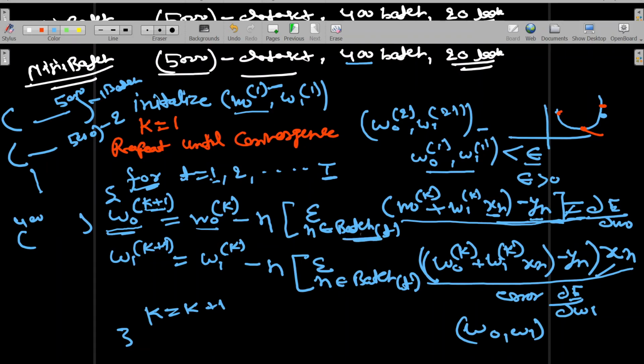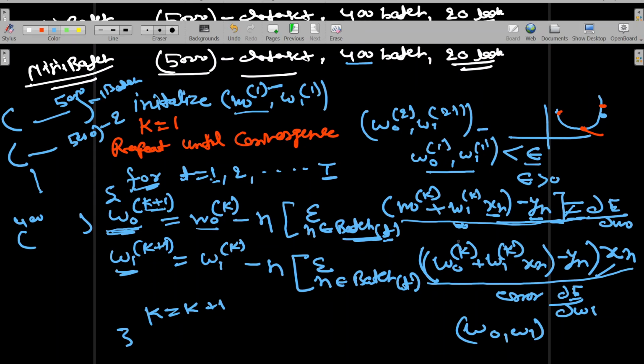When t is 1, it is the first batch with 5000 data points. So x1 and y1 will be put here, and it will give you some value, and then take the gradient, which we have already calculated. It will go through all the 5000 data points and give you a w0 point. Similarly for w1, using all 5000 data points from the first batch, it will give you this w1.